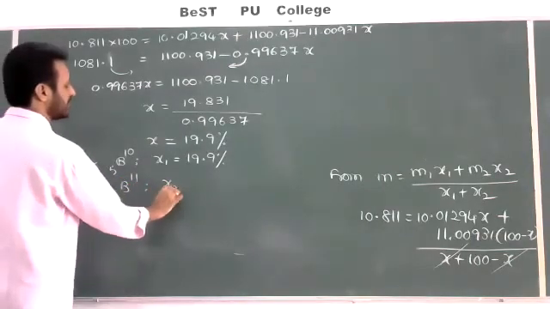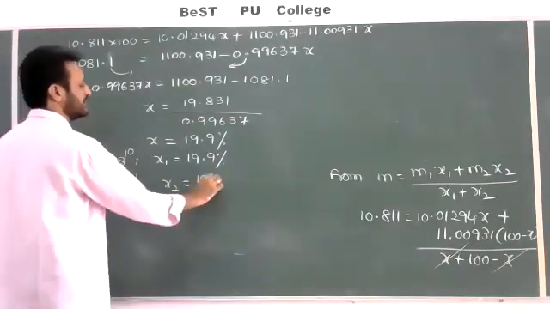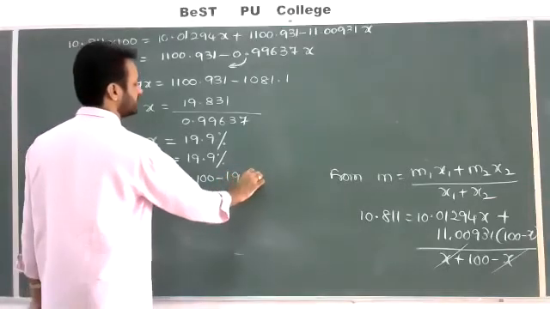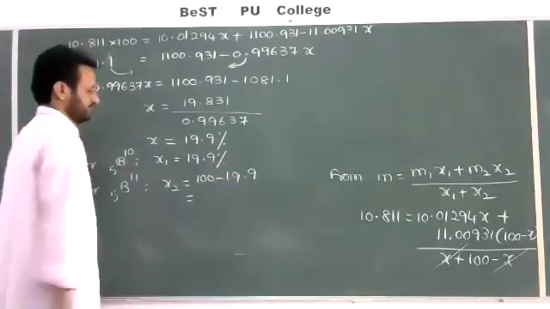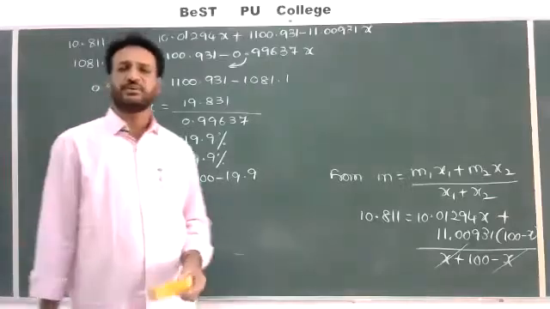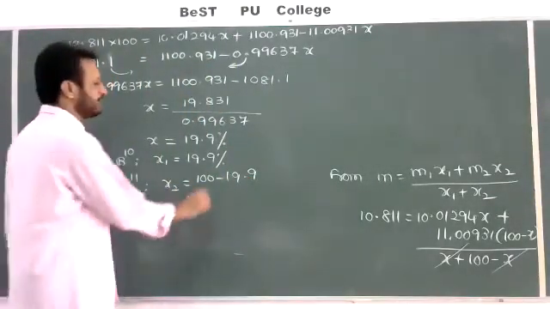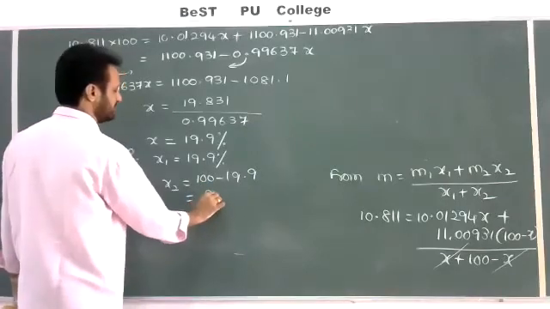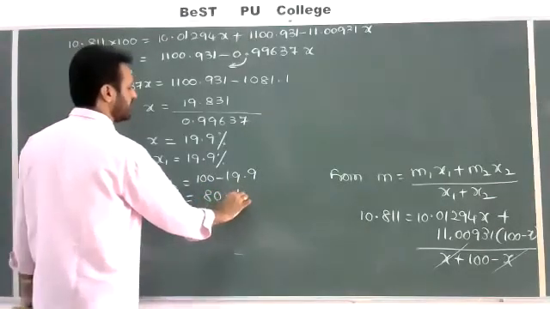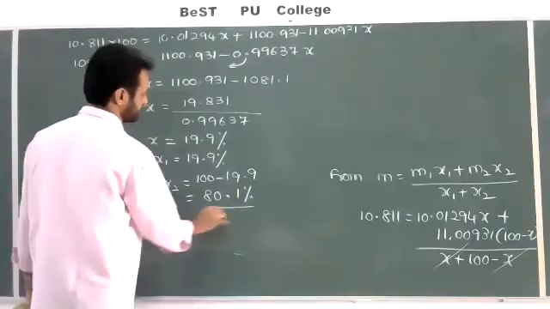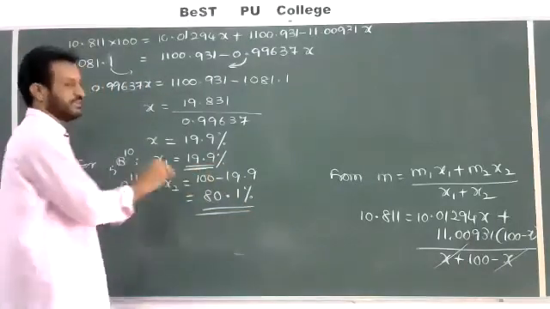You should take x2 equal to 100 minus x, that is 100 minus 19.9, which is 80.1%. Correct? These are the two answers.